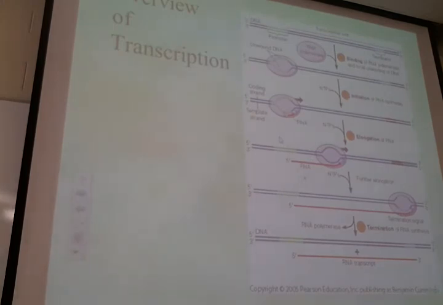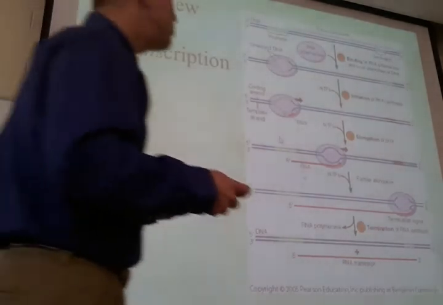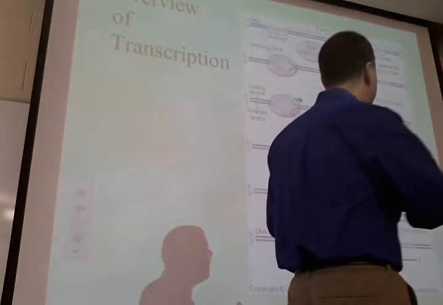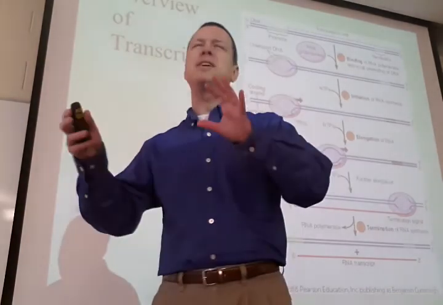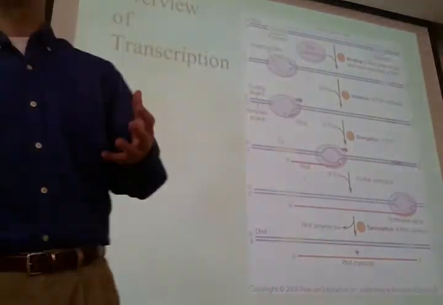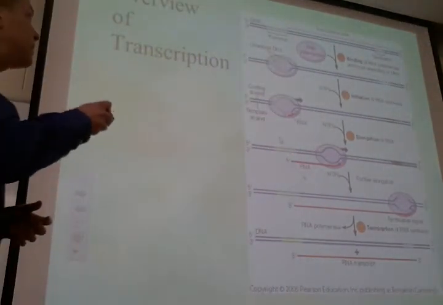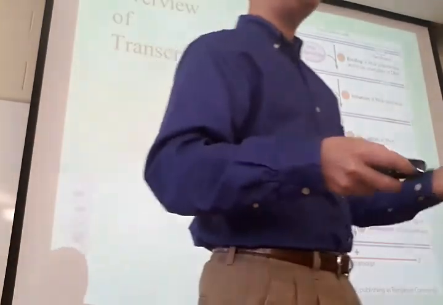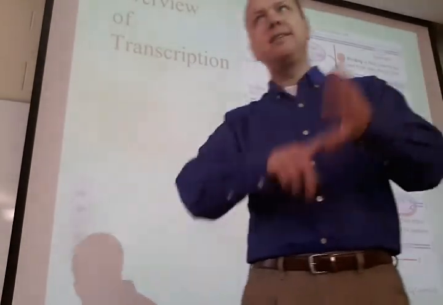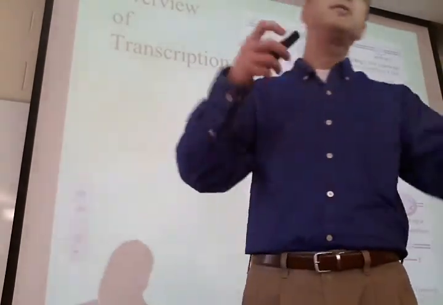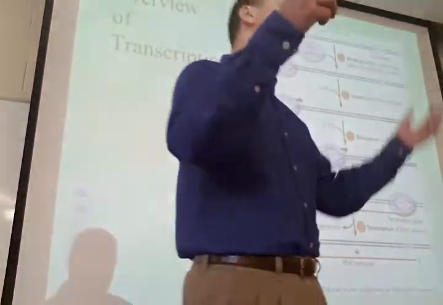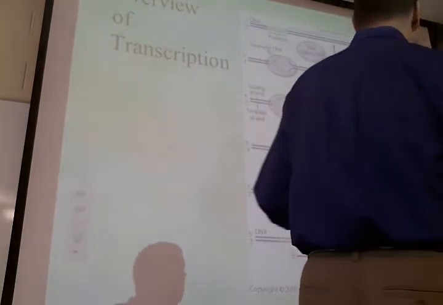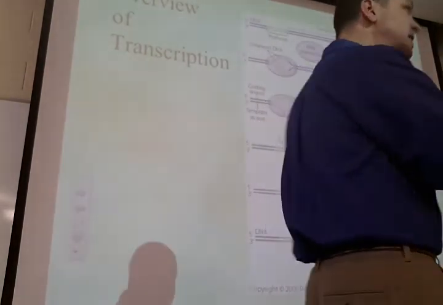So this is an overview of the process of transcription. There is going to be, for the most part, only a single enzyme. We're going to need to invoke a couple of other proteins here and there, but the bulk of it is going to be done by a single enzyme called RNA polymerase. So unlike DNA replication, where we had DnaA and DnaB and HU and DnaC and single-stranded binding protein and primase and all those other things, by and large, we just really need that enzyme.